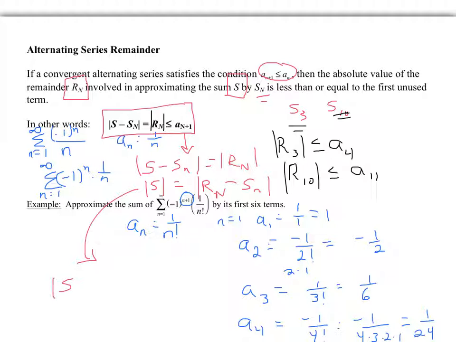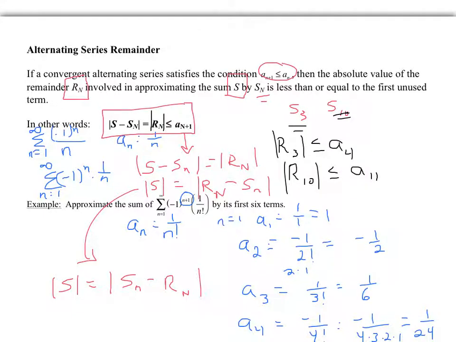So I'm going to have the sum equal to the partial sum minus the remainder. And so we'll be able to get an idea of what that sum is going to be.